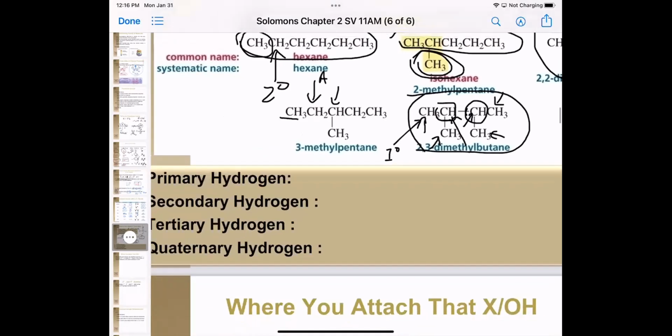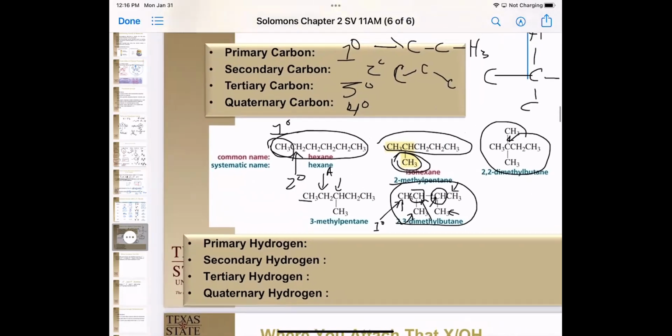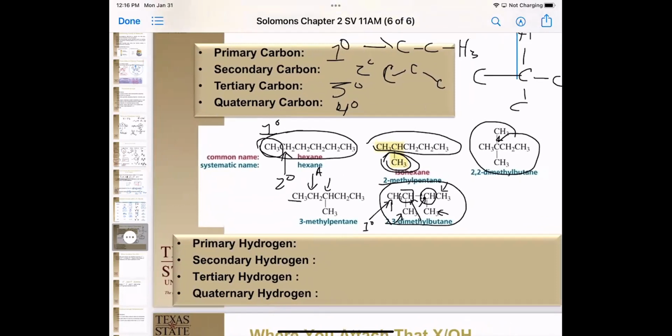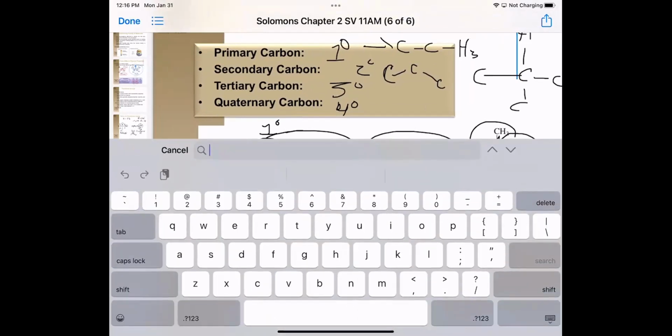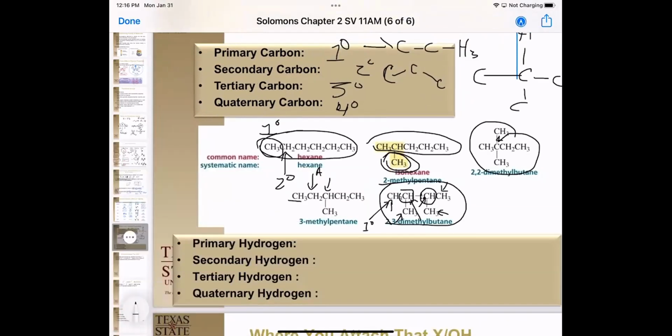Okay, so now that we've identified our carbons as primary, secondary, and tertiary, we now have to identify the hydrogens that are attached to that carbon. If the hydrogen is attached to a carbon that is primary, that makes those hydrogens primary hydrogens.